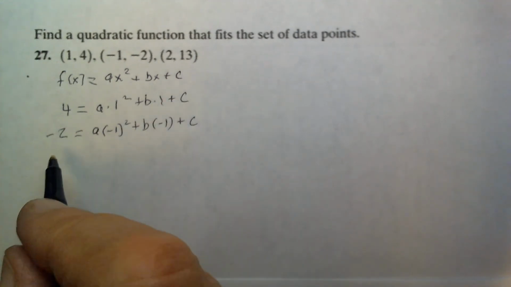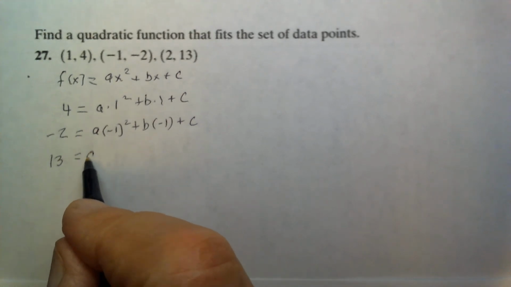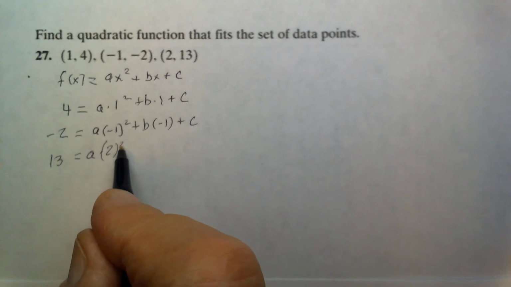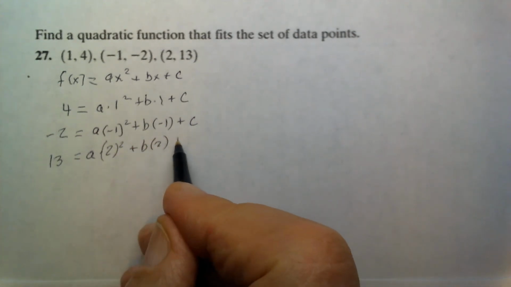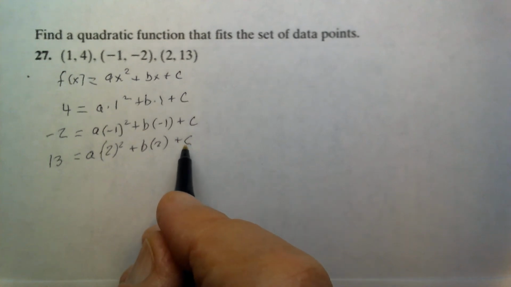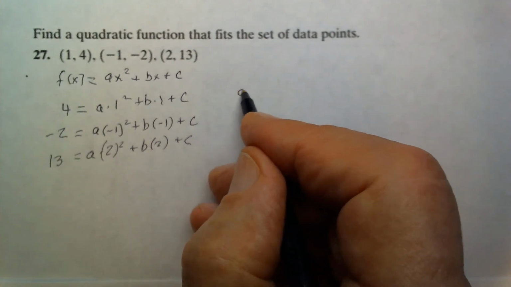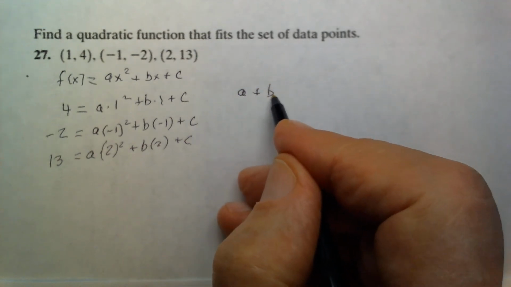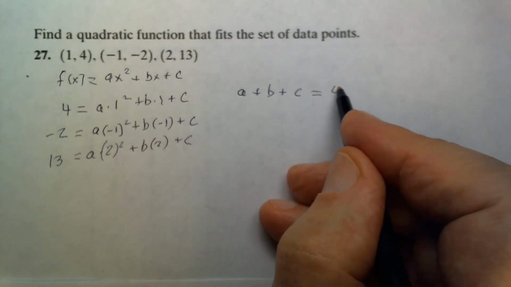And for the third point, we have 13 equals a times 2 squared plus b times 2 plus c. So that means we have a plus b plus c equals 4.